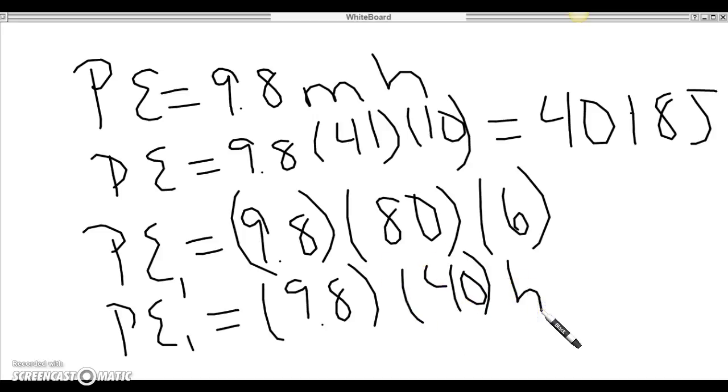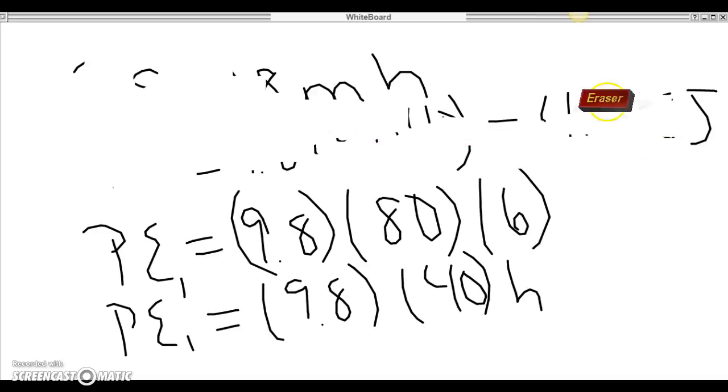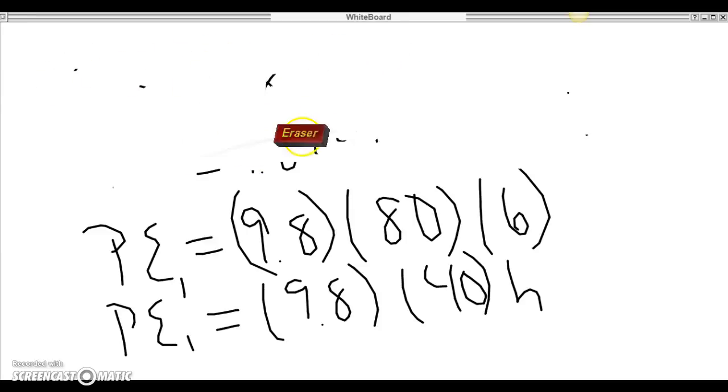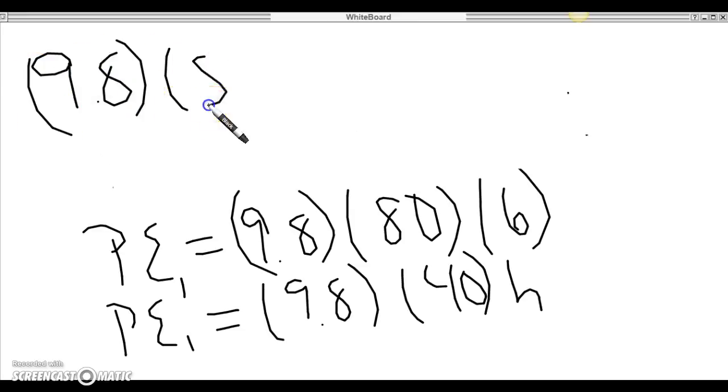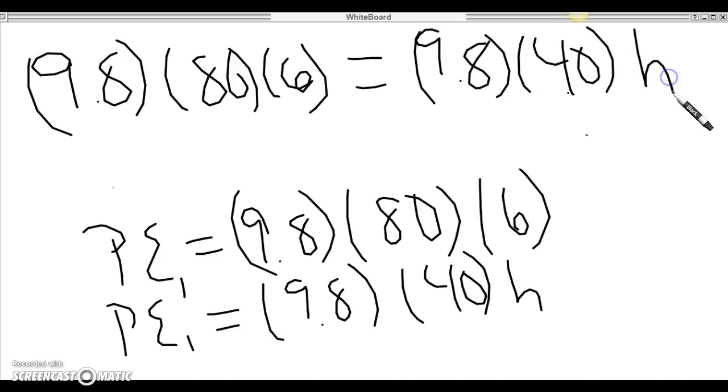So since these two things are equal, we can set those two things equal to each other. So we know that these two potential energies, we want them to be equal. So we get 9.8 times 8 times 6 equals 9.8 times 40 times h.